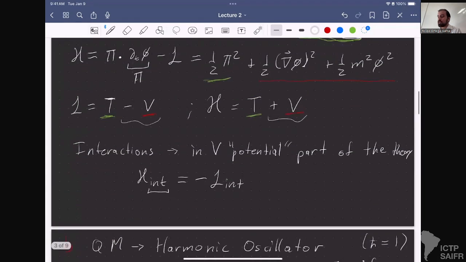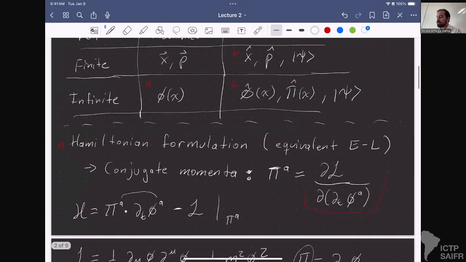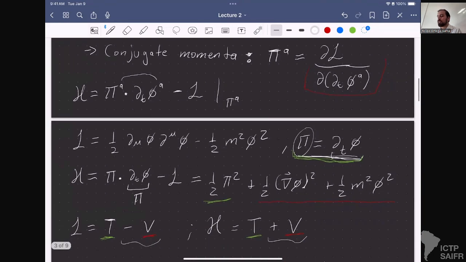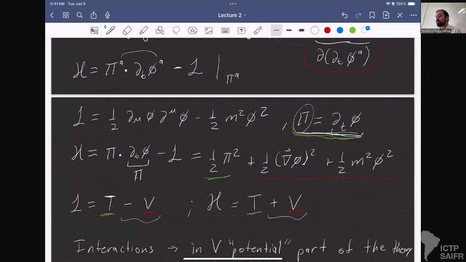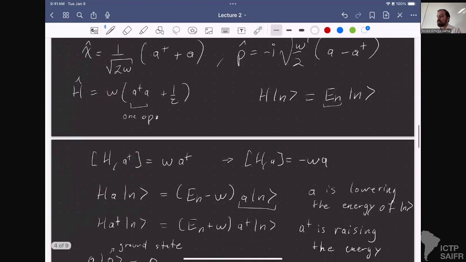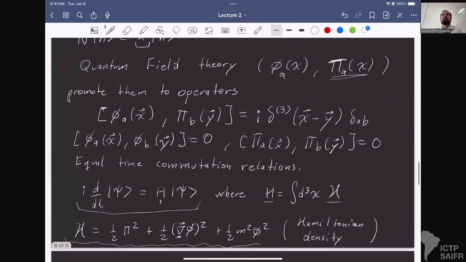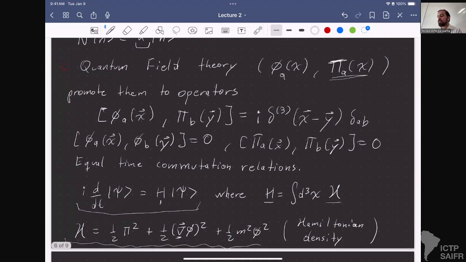Now, in a classical field theory, your fields typically also depend on time. They are fields in space, but also fields in time. So in the classical field theory, you solve for the time evolution of your fields. So when you quantize your field theory, you have to first say, okay, let's make the operators time independent at first.